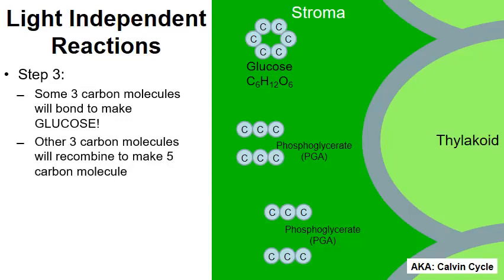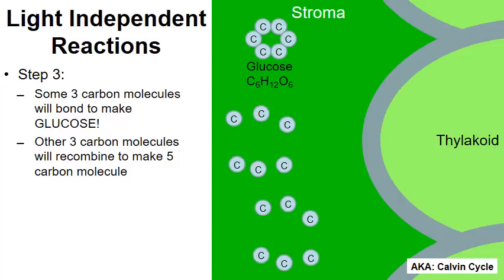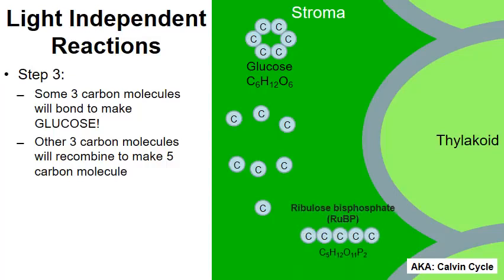They're going to be broken down with the help of ATP, and then enzymes help to build that same 5-carbon molecule we saw earlier, ribulose bisphosphate.